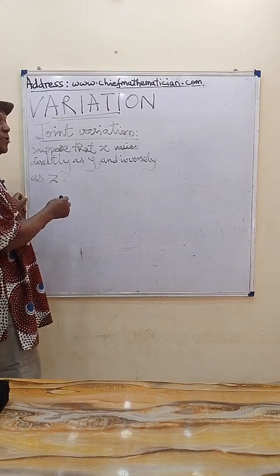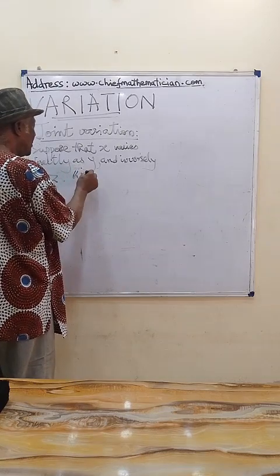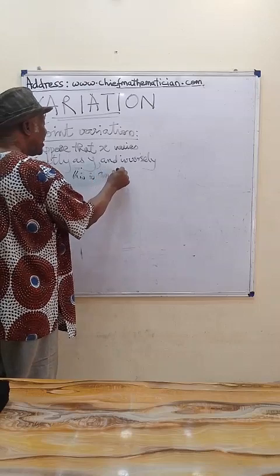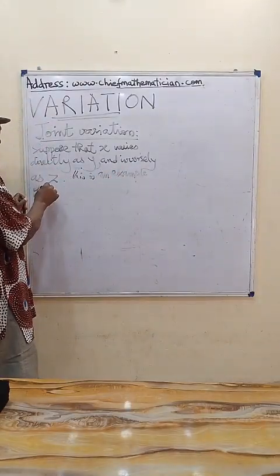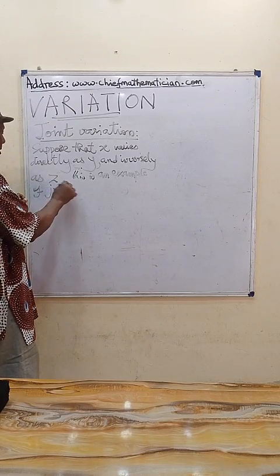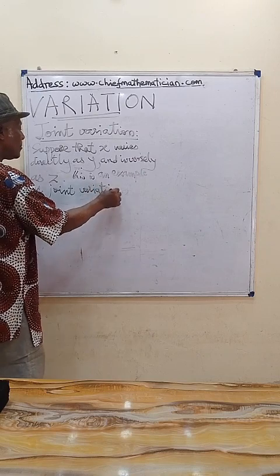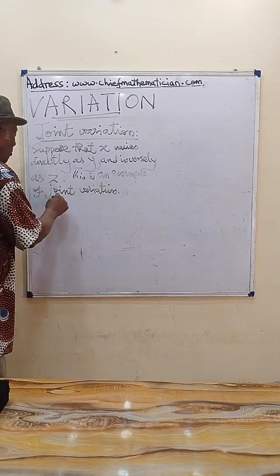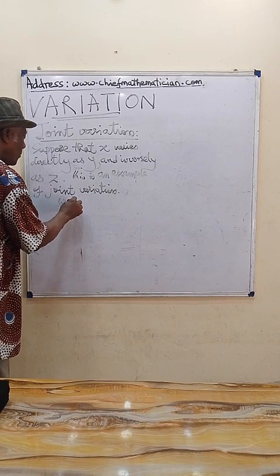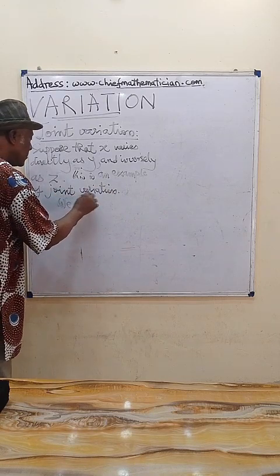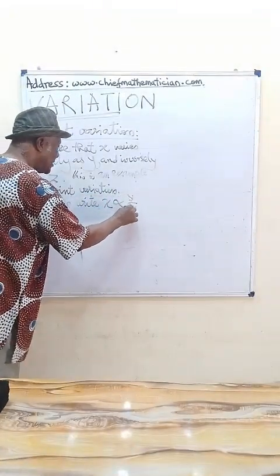This is an example of joint variation. We write x varies as y over z.